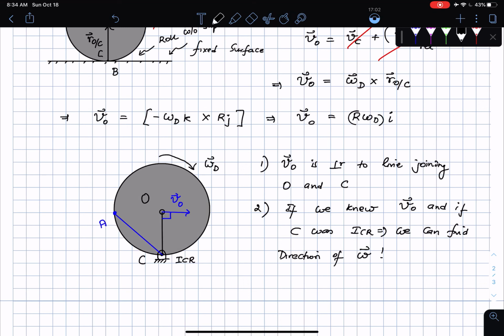Okay, align the fingers with the velocity direction V0. Your palm faces the ICR. You curl your fingers and it's clockwise.